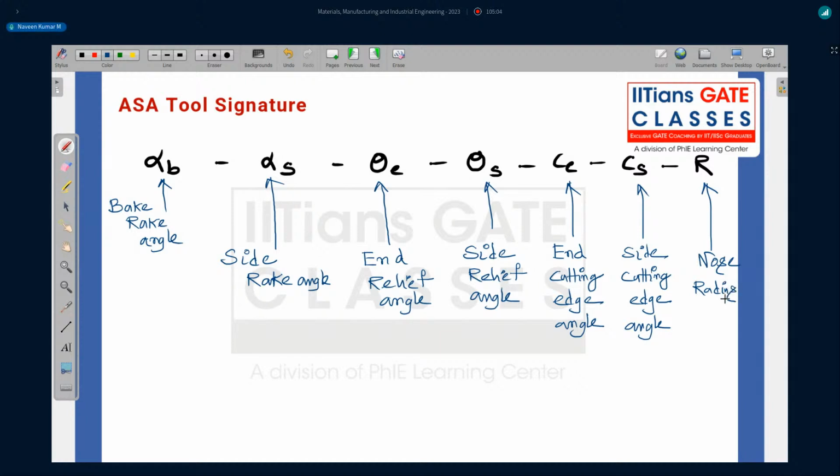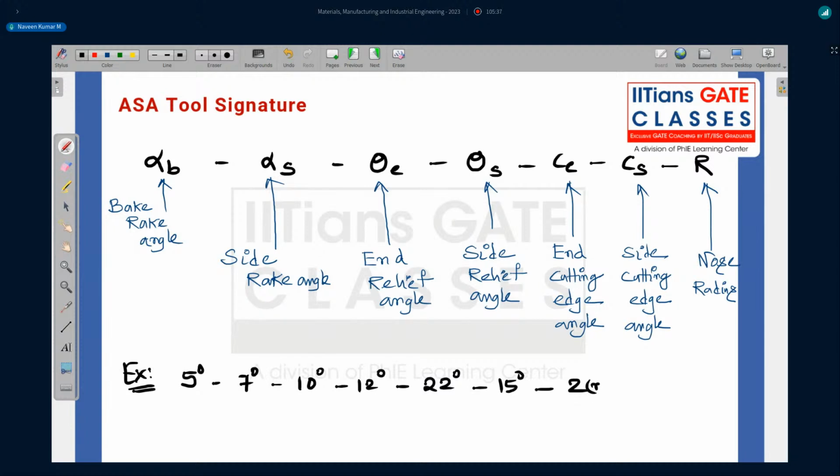Okay. So any example? So in exam, how will it be given? It will be given like this. For example, they say that the tool signature in ASA tool signature, the angles are this. It will say some 5 degrees, some 7 degrees, some 10 degrees, some 12 degrees, some 22 degrees, some 15 degrees, and some 2, and this 2 can be in mm or inch.